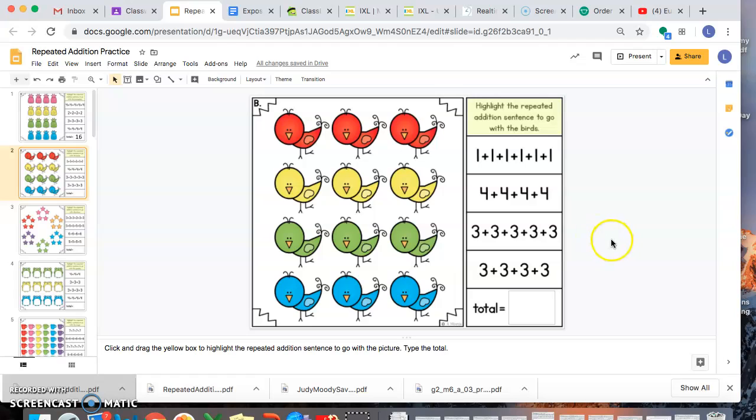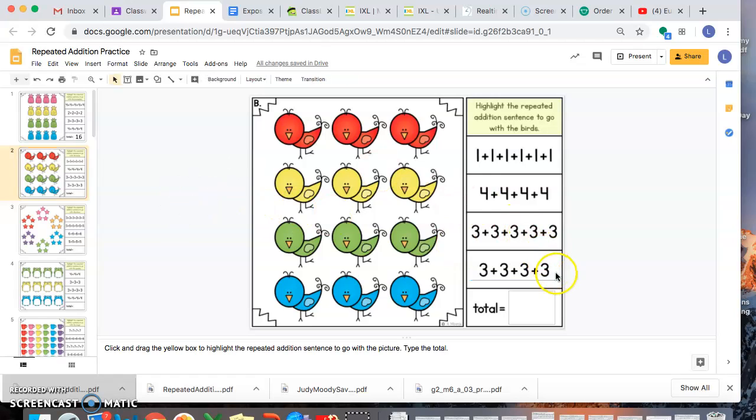Again, we're not rushing through our work, so we wouldn't choose this because there are not 5 groups here of birds. There are 4 groups, which means our answer should be 3 plus 3 plus 3 plus 3. Again, I'm going to come over here, select line, and I'm going to draw a line right underneath is all I'm doing, okay?